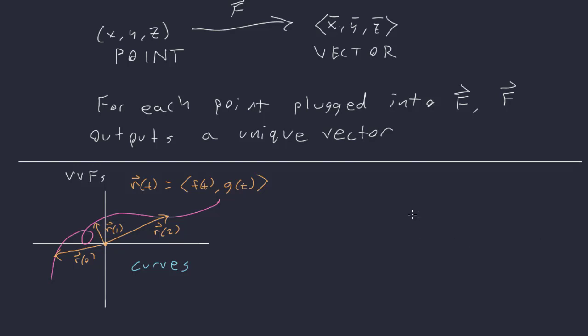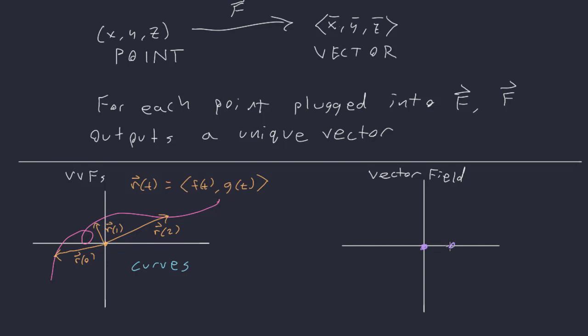On the other hand, a vector field, instead of all of the vectors originating at the origin, gives us a unique vector at each point.